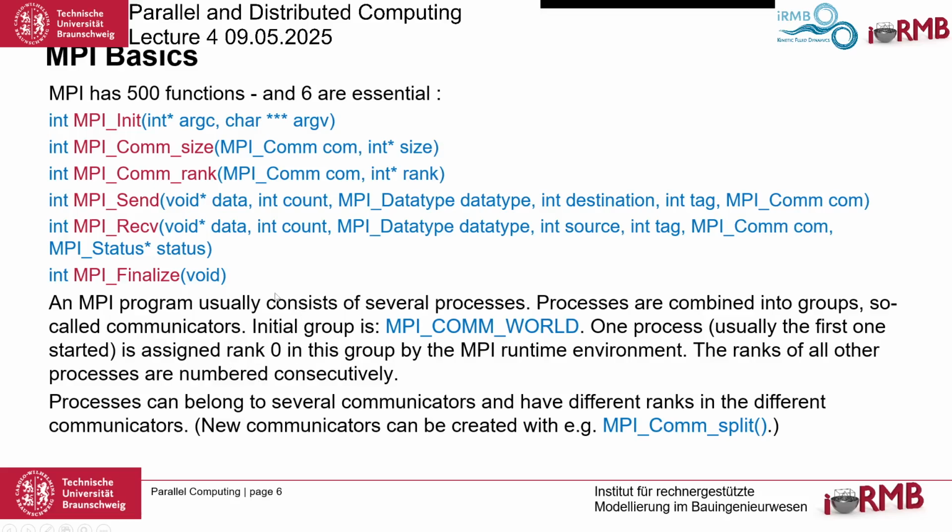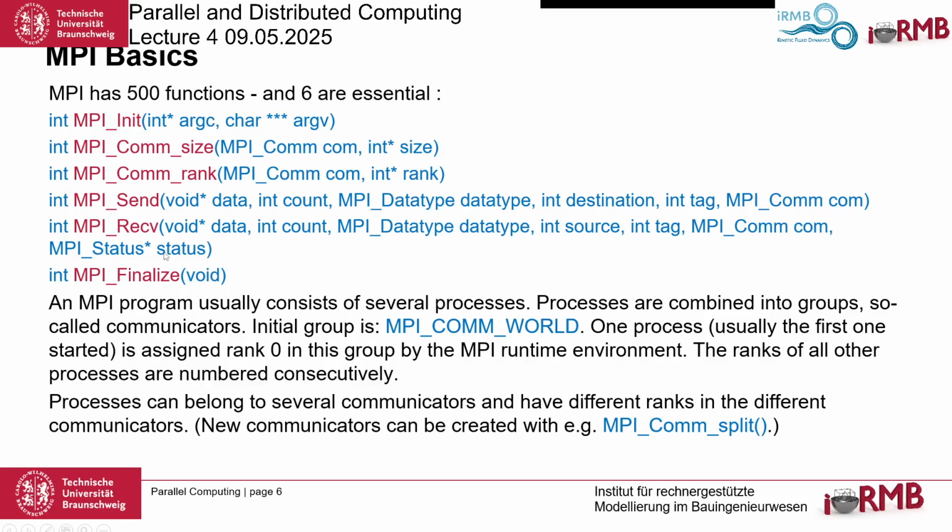There is one more thing for the receiving part: it specifies a status. For example, maybe the thing was not sent, then the status would be failure. So we get here again additional information.